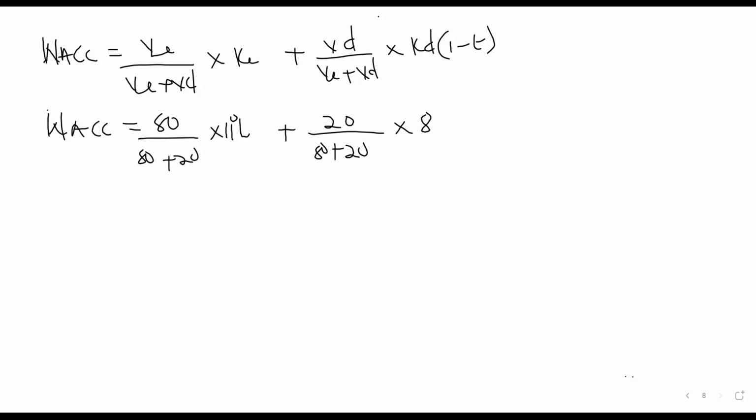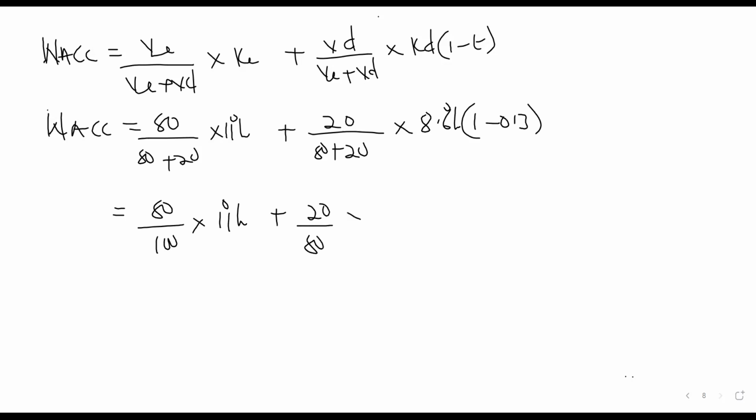So we have 8.6 into brackets 1 minus 0.3. Is that correct? Yes. So 80 over 100 times 11% plus 20 over 100 times 6.02.